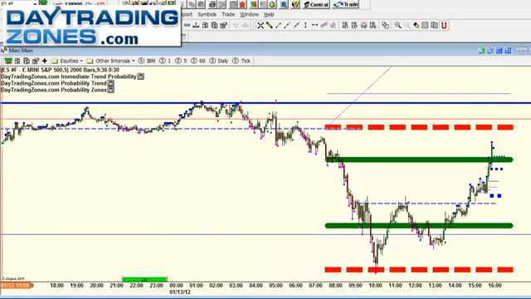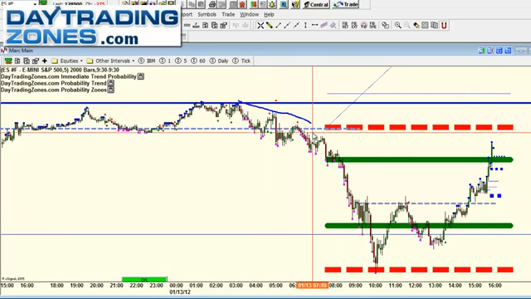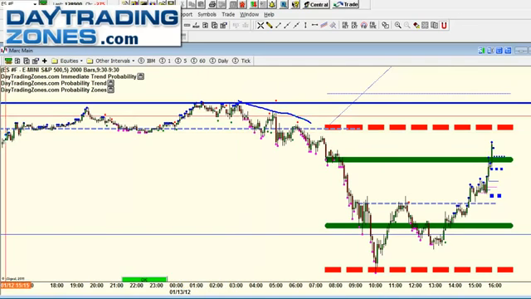Then if you notice, the net sellers continue and we start making a series of lower highs. On our support and resistance indicator, we had it just below here, around 91.5, and you could see that 91.5 was a series of support.